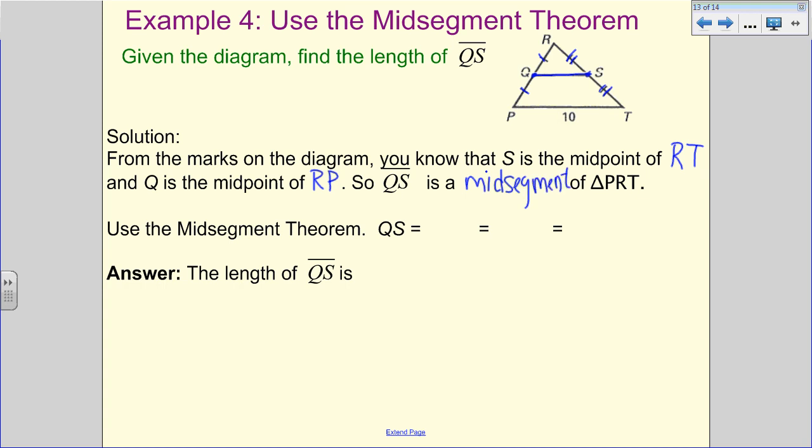So if we have the midsegment, then QS is equal to 1/2 of its parallel side, the third side, PT, the side it doesn't intersect, which means we're going to take 1/2 times 10, which is 5. So the length of QS is 5 units.